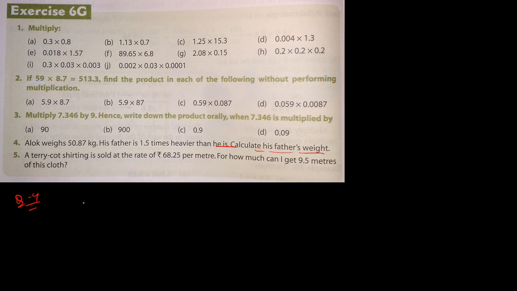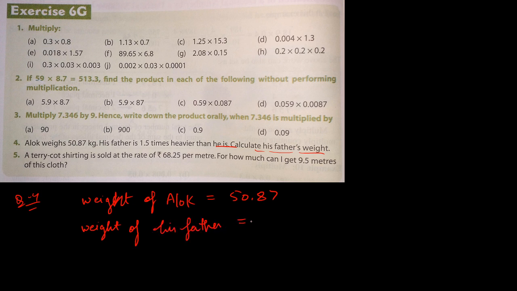So you will write weight of Alok is equal to 50.87, and write weight of his father is equal to 1.5 times. Times means multiply.